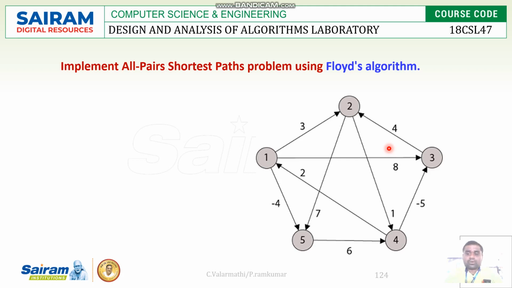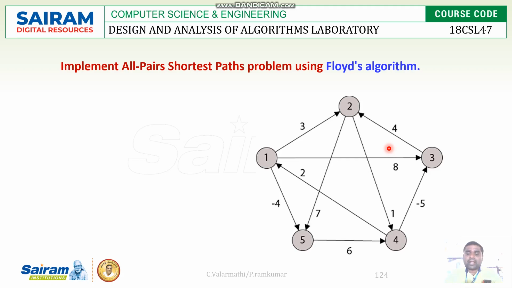Before discussing the topic Floyd's algorithm, I would like to explain based on this graph. So now at the very first, I'll take 1 as a source. From 1, I have to find the adjacent vertices 2, 3, 5. These are the adjacent vertices.